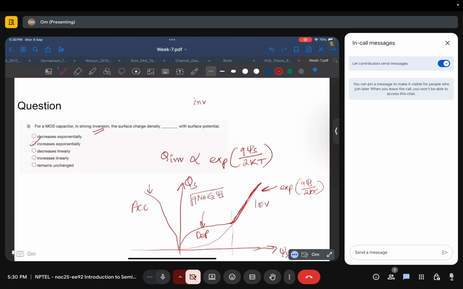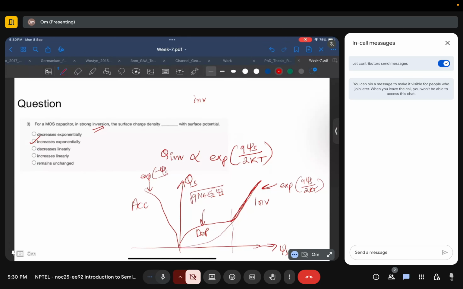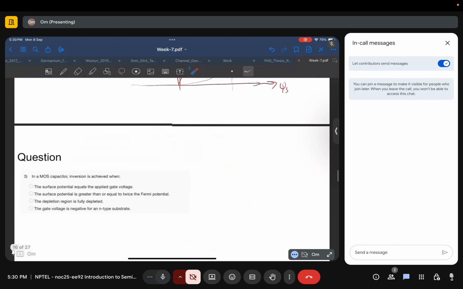Here it is again exponential minus q psi s by 2kT. So in inversion, it is exponential. Next question.